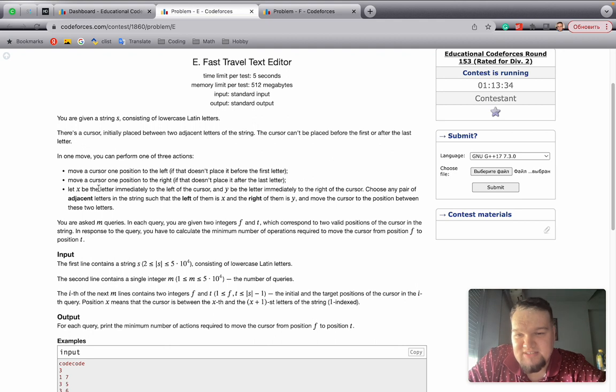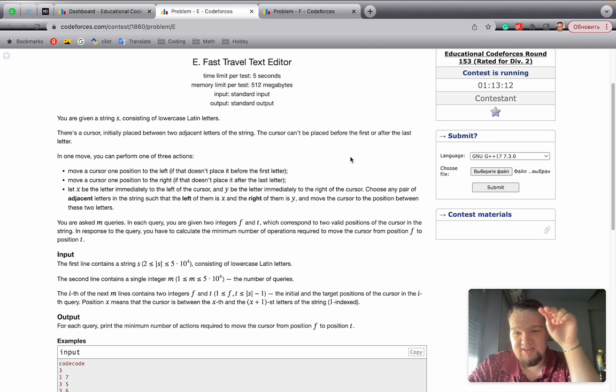Let x be the letter immediately to the left of the cursor and y be the letter immediately to the right. Choose any pair of adjacent letters such that the left of them is x and the right of them is y, and move the cursor to the position between these 2 letters.